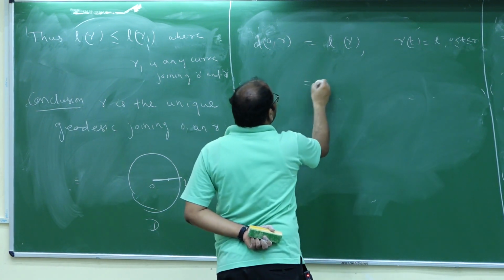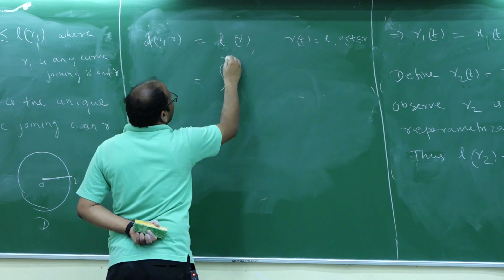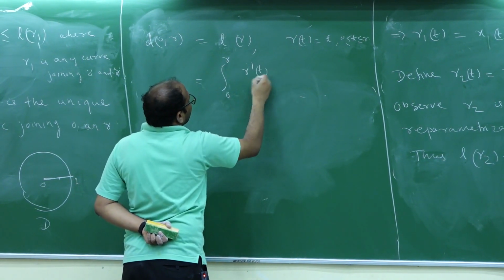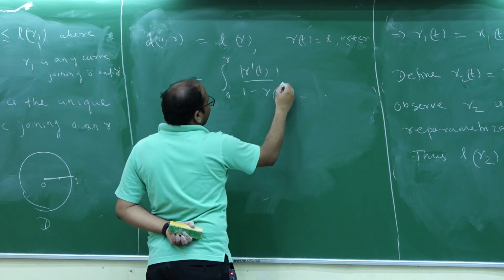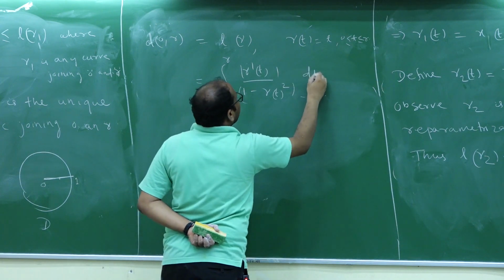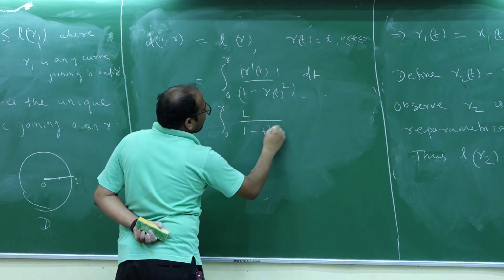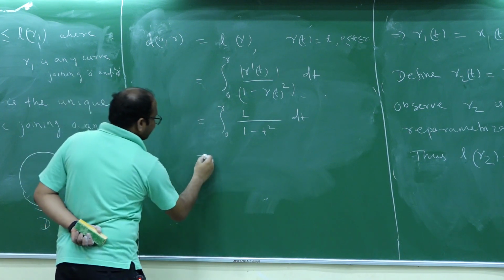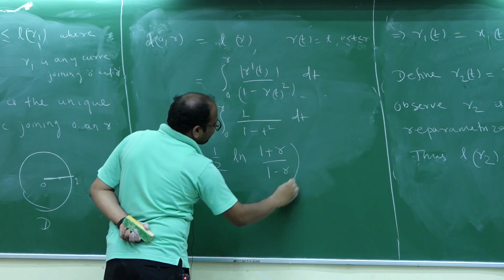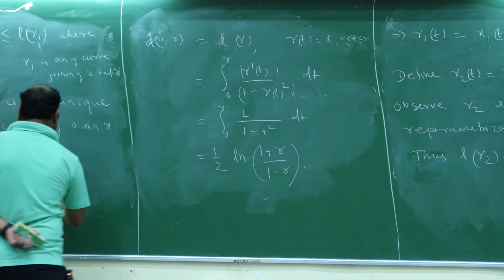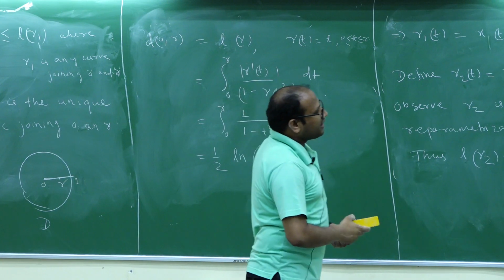So if you plug in the definition, this is the integral from 0 to r of gamma prime(t) over 1 minus gamma(t) squared dt. This is again the integral from 0 to r of 1 over 1 minus t squared dt. And if you do the simplification, you will get half log of (1 plus r) over (1 minus r). So the distance between 0 and some point r is really half the logarithm of (1 plus r) by (1 minus r).